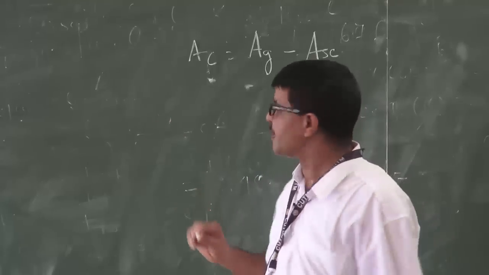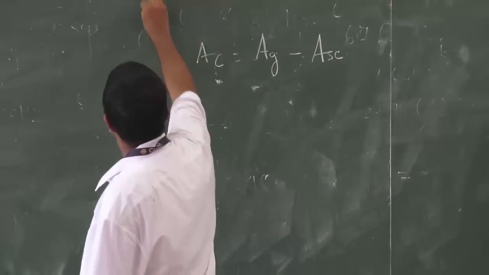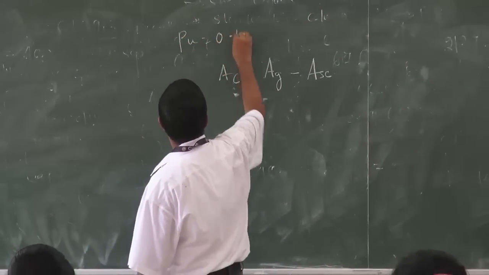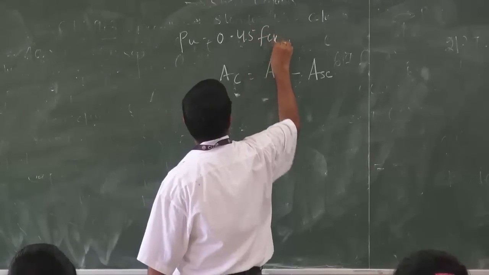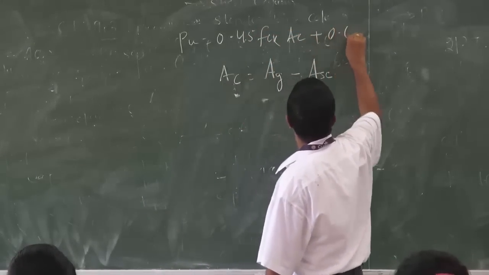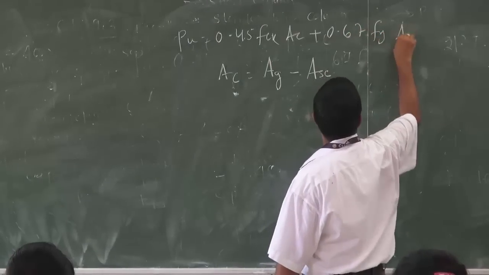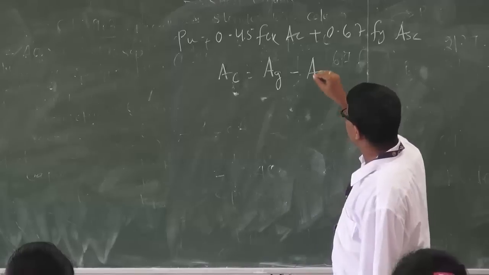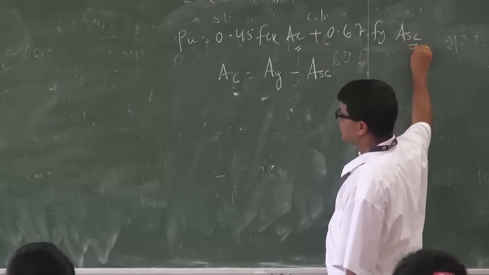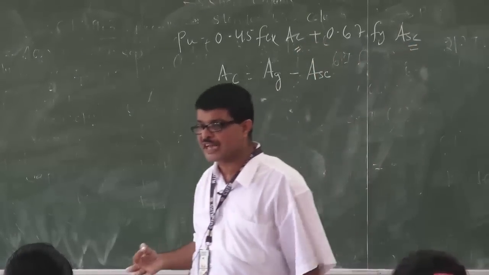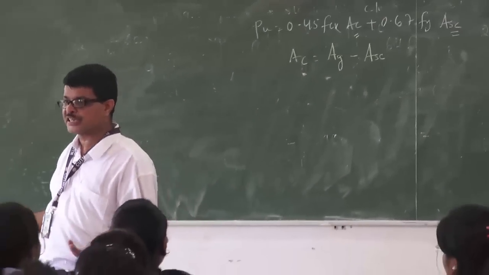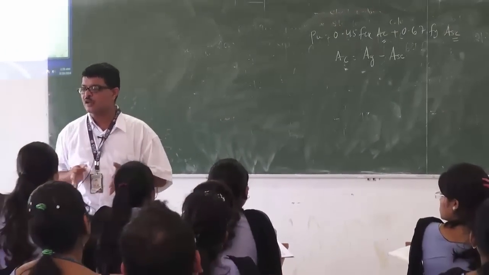Your equation is given very clear, that PU is equal to 0.45 FCK AC plus 0.67 FY ASC. Now if you convert AC and ASC in terms of AG, gross area, then you can find the gross area and you can find the dimension of the column.